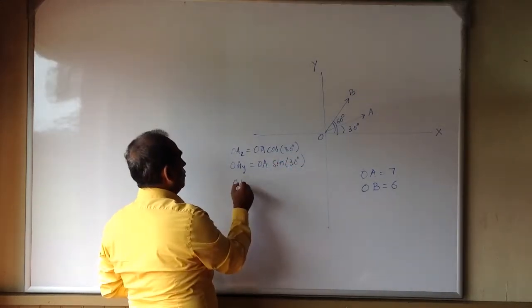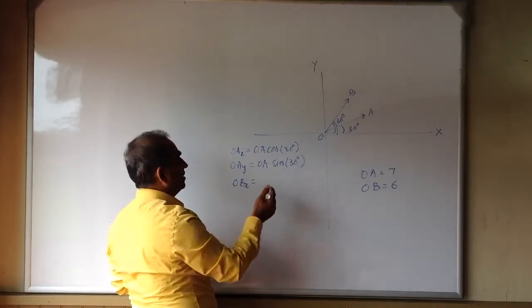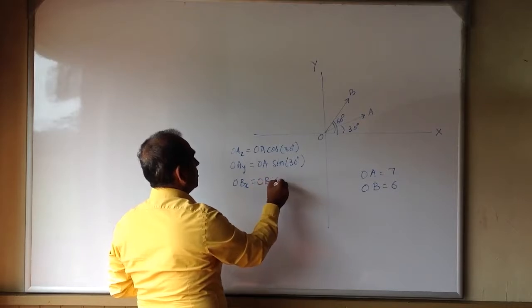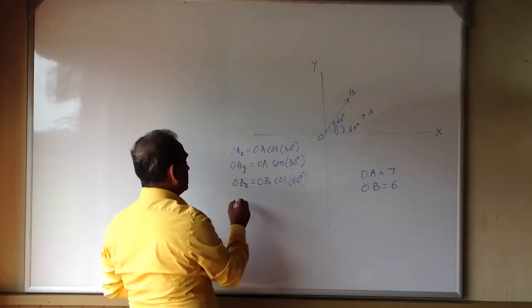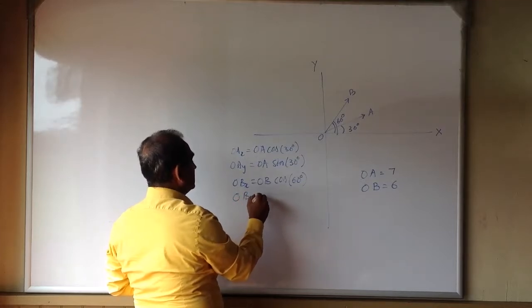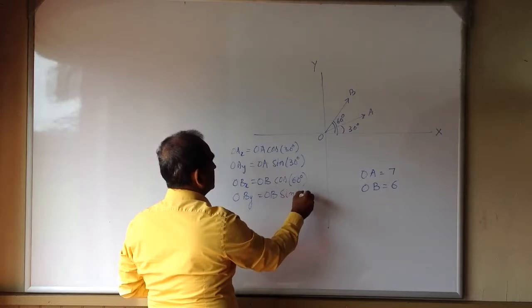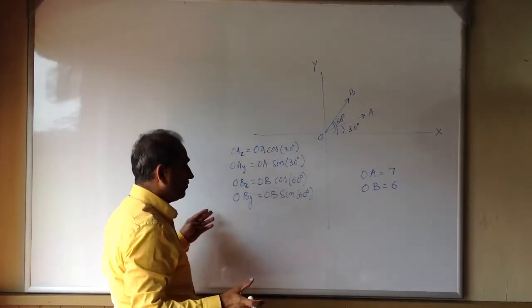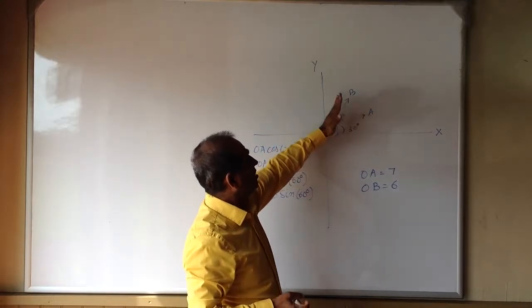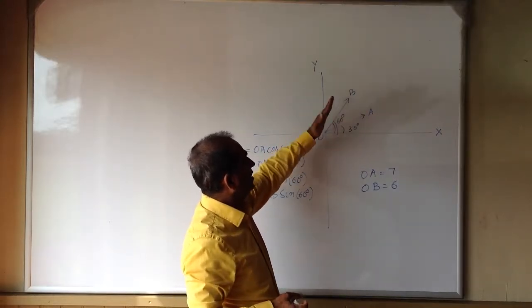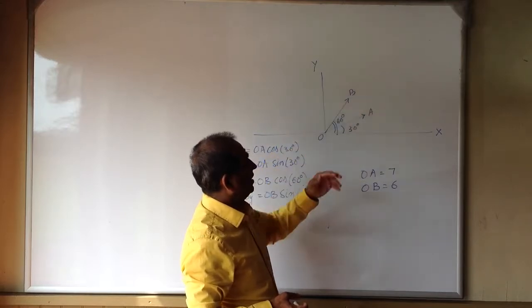Similarly, OBX, that is the component of OB in the x direction, is OB cosine 60 degrees because it makes 60 with the x-axis. OBY is equal to OB sine of 60 degrees. We found the x component of OA, y component of OA, and similarly the x component and y component of OB.